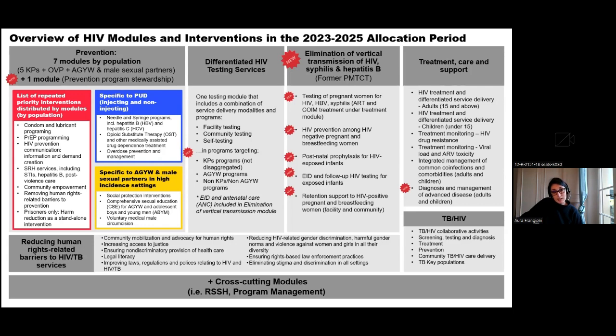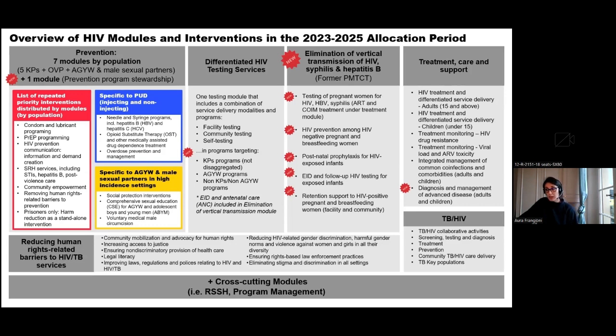In the testing module, the main change is the shift from the population to the program approach to improve data quality. We went from 32 interventions to 9, and this will allow us to track budget by KP programs, AGYW programs, and programs outside of key population and AGYW in combination with the service delivery modality.